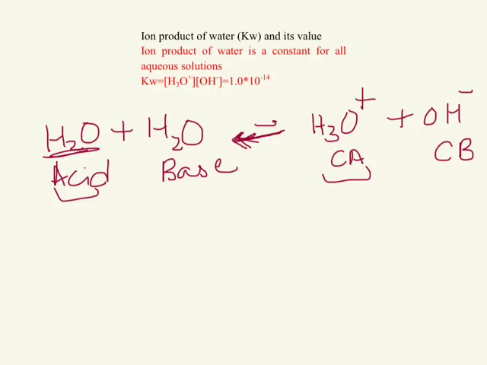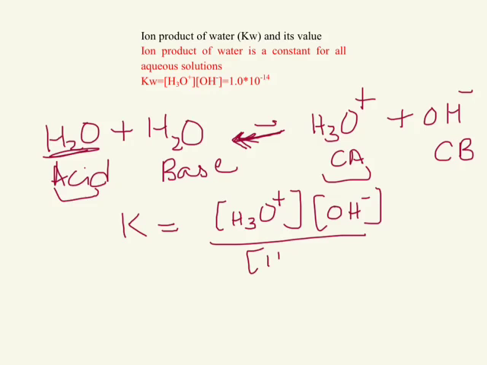Now if I write down K, the equilibrium constant, which is concentration of products divided by concentration of reactants, it will be [H3O+][OH-] divided by [H2O] squared. How many molecules are there? 2.